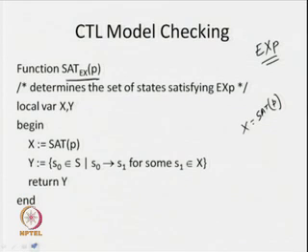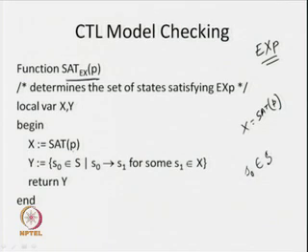Now, what we are going to do? We are going to collect all states S0 belonging to the set of states of my model such that there is a transition from S0 to S1 for some S1 belonging to X. In X, we have all the states where P is true.